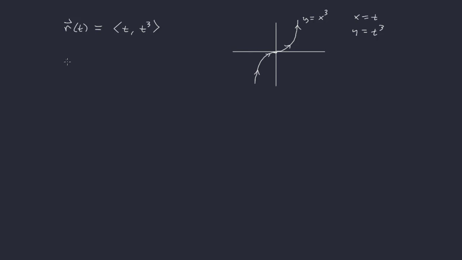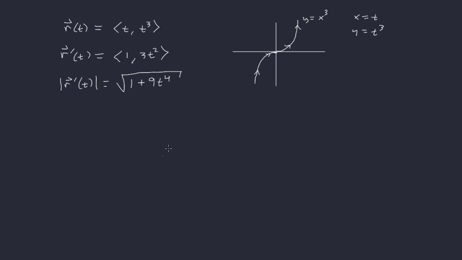So first we need to find T. To do that, of course we need to find r prime, which will be 1 comma 3t squared. And then we need to find its magnitude, which will be the square root of 1 plus 9t to the 4th.